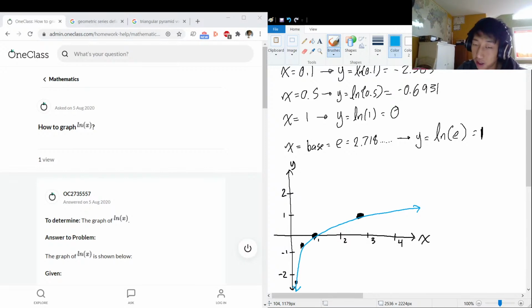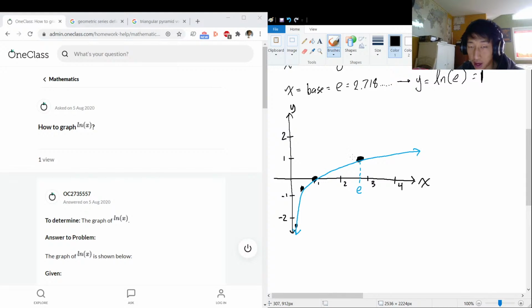We could calculate more points of interest, but what's important is that you have these 2 major points of interest: x equals 1, y equals 0, and x equals base, which is e, y equals 1. Those are the main points of interest when you're drawing a logarithmic graph. Sounds good. Awesome. So this is our graph, and just points of interest. Gotta know them. Keep them ready.